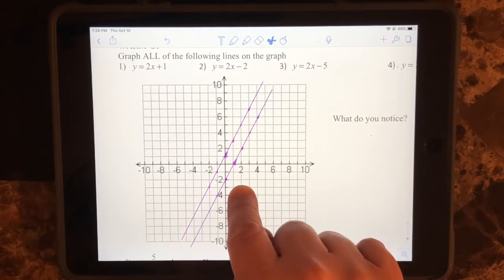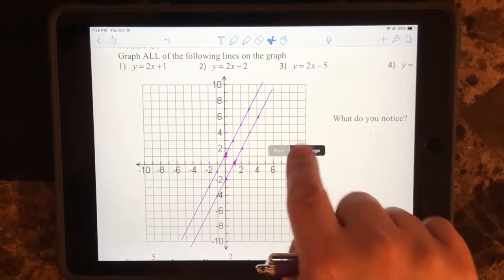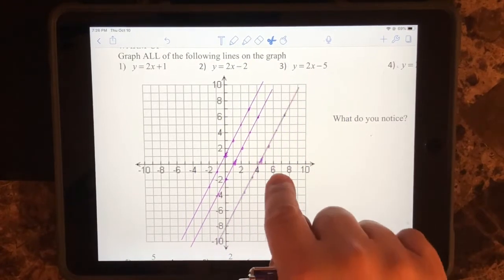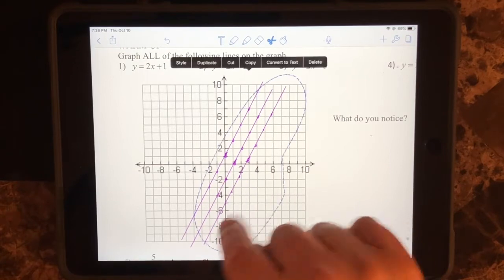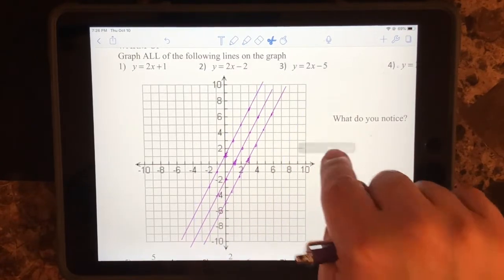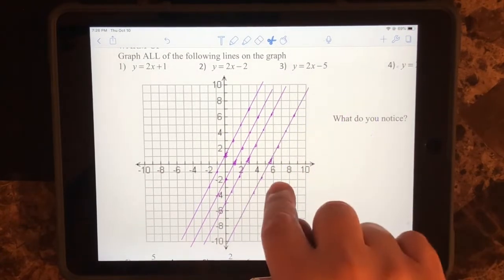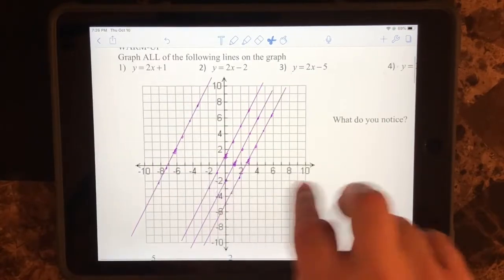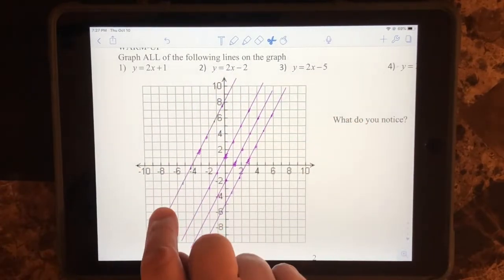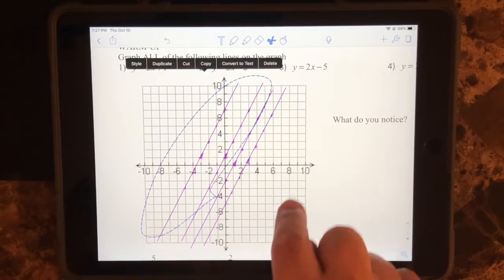Actually, we can reset it so it's about there. Paste, 2x minus 5 would have the same slope but go through -5. And then the last one is 2x plus 7, which goes through 7.